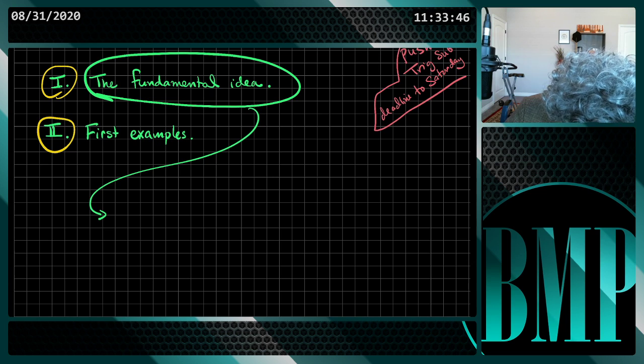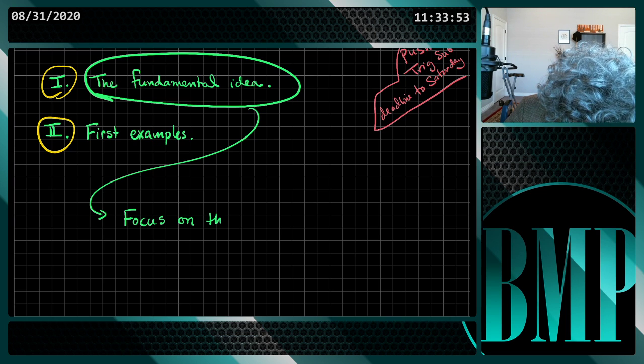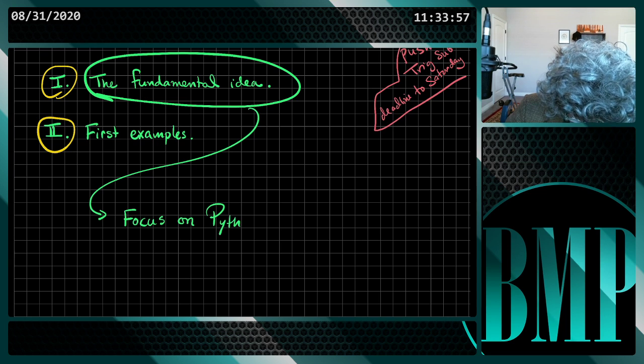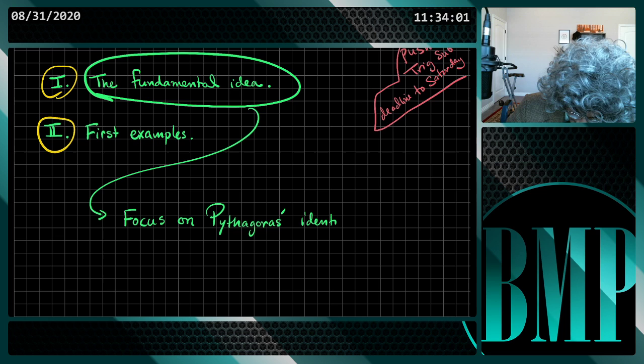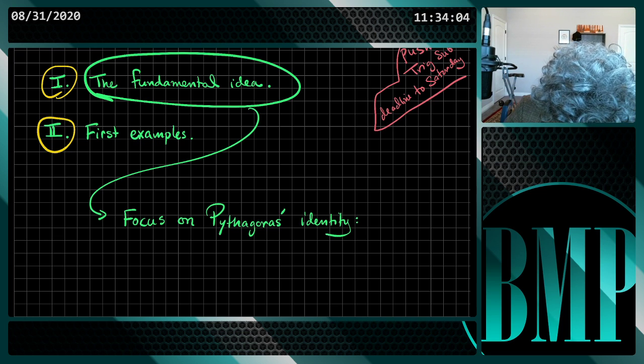What you do is focus on the Pythagorean identity: sine squared x plus cosine squared x equals 1.